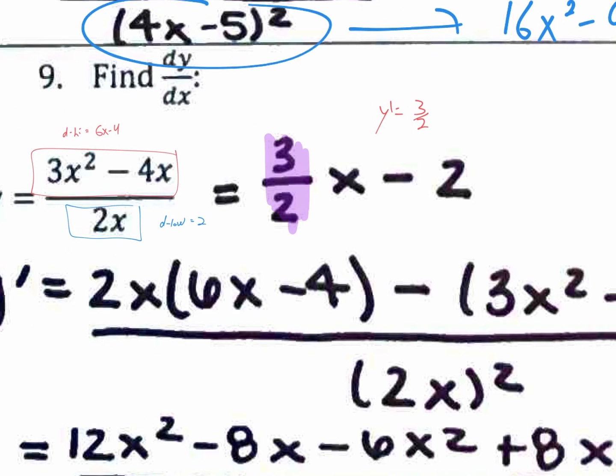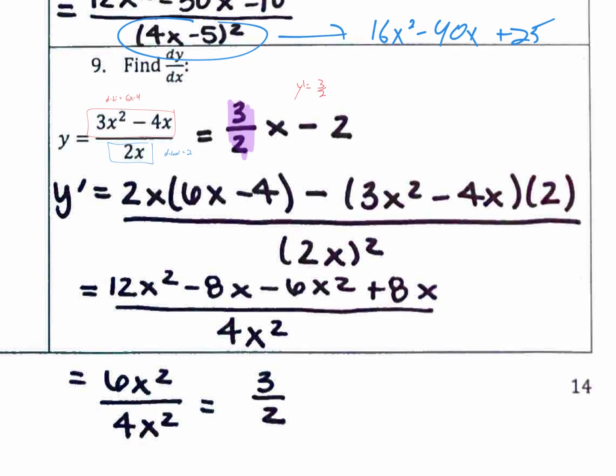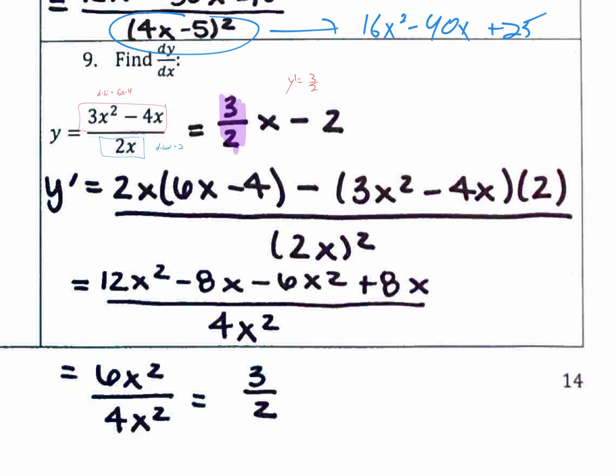If we failed to notice that, not the end of the world, we just have a little bit more work to do. So I'd have low d high minus high d low all over the square of what's below.